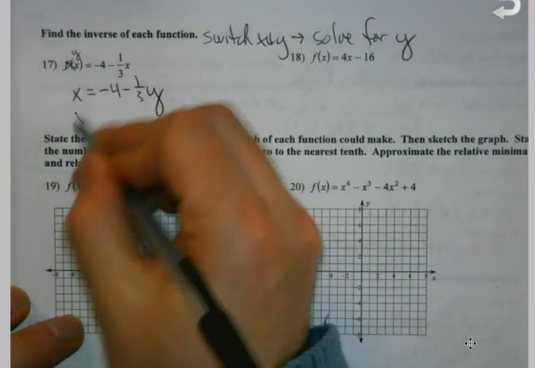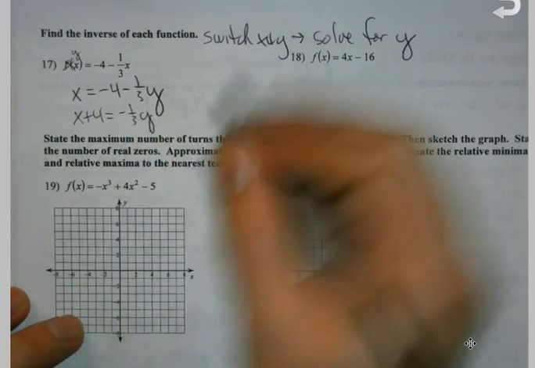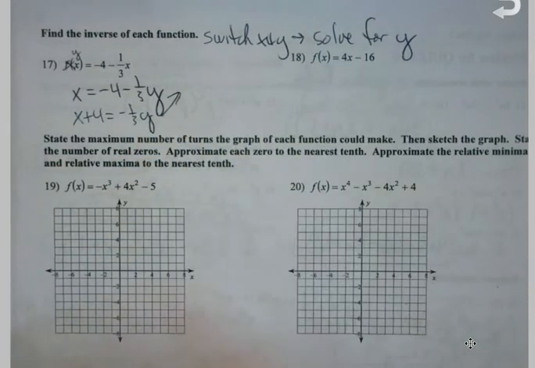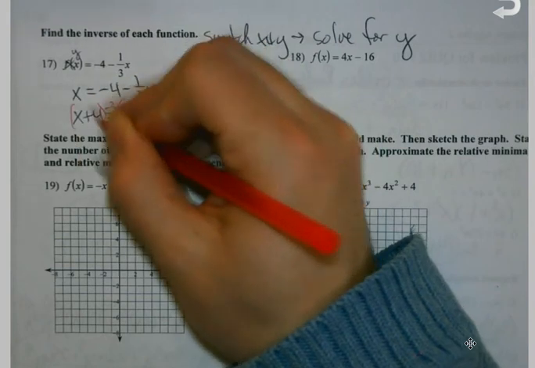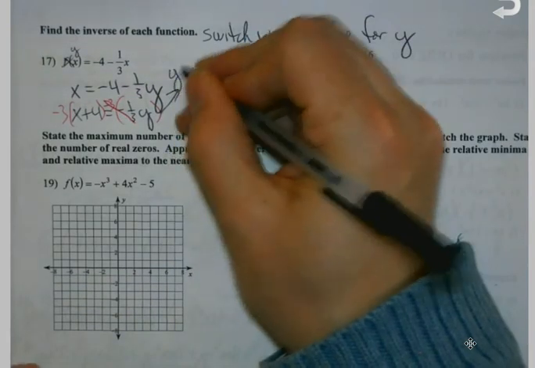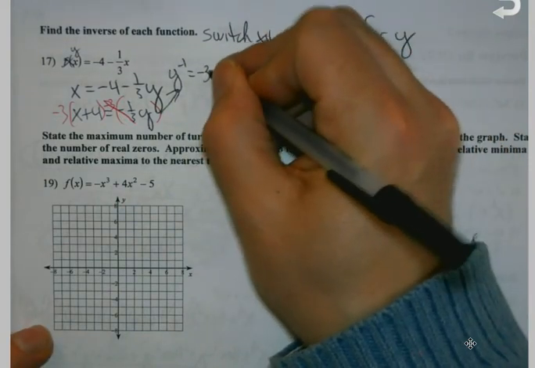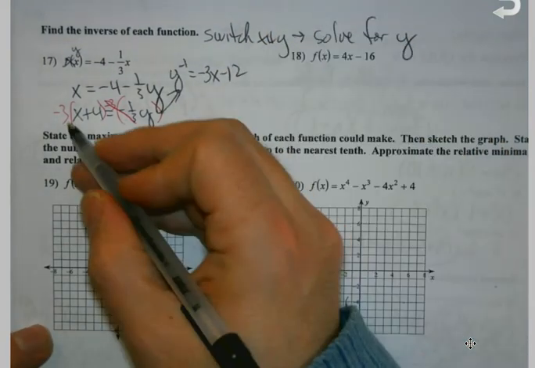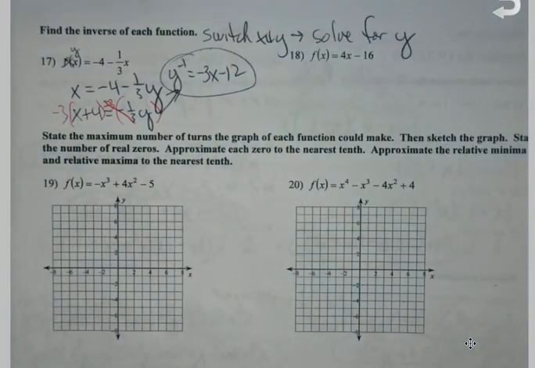Add the 4 over. Multiply both sides by the reciprocal, which is negative 3, because that'll take care of this for me. And no, you don't have to have the -1 there for it to be right. And I suppose you could even leave it as -3 times the quantity x plus 4. I just like to multiply things out.